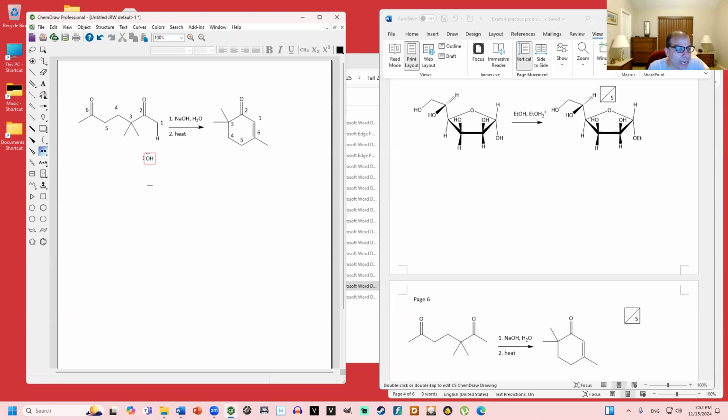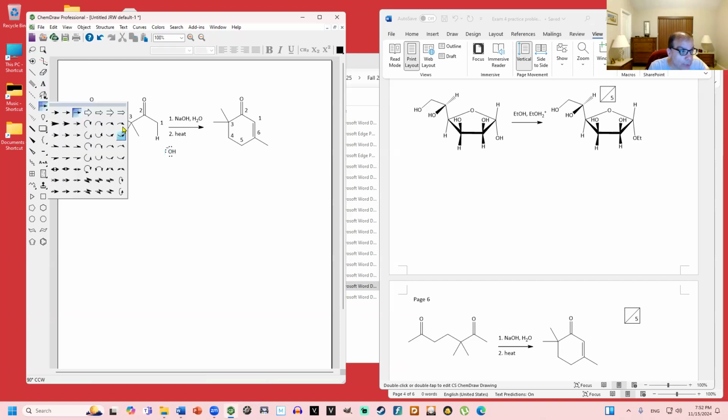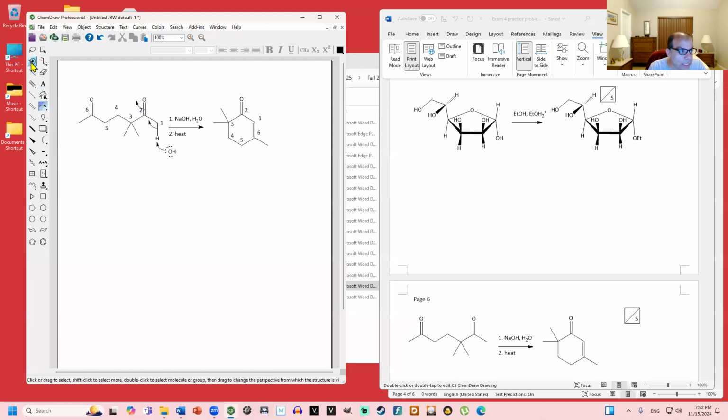And I think we pretty much have this down by now. But again, you'll notice with all of these strong bases, I have yet to even write down a sodium ion. Those play no role in the mechanism. They're just spectator ions. Hydroxide pulls off that proton, and we form the enolate.